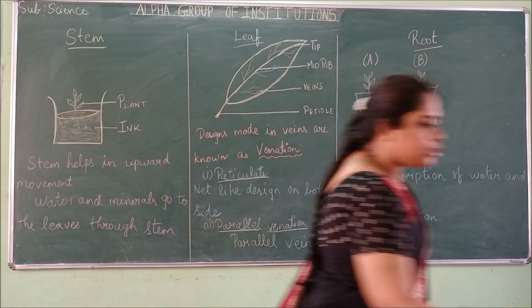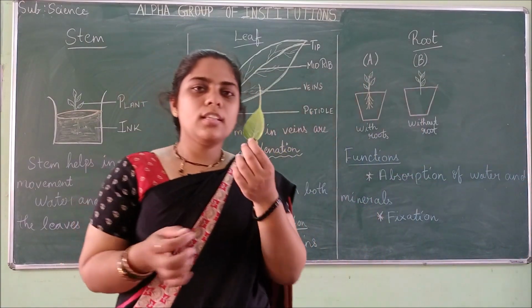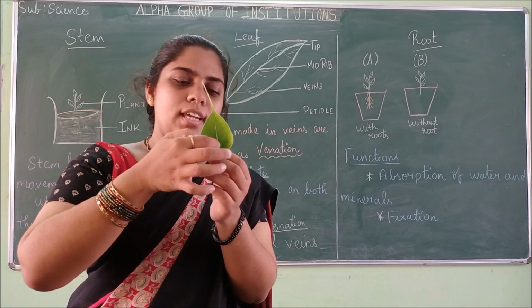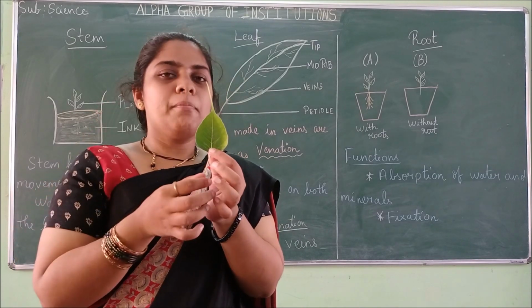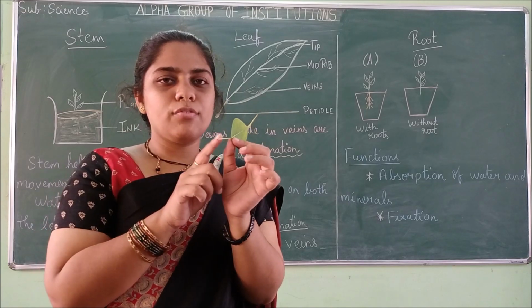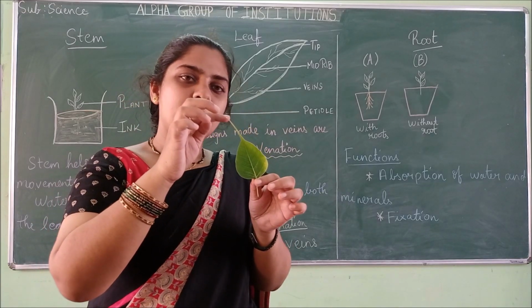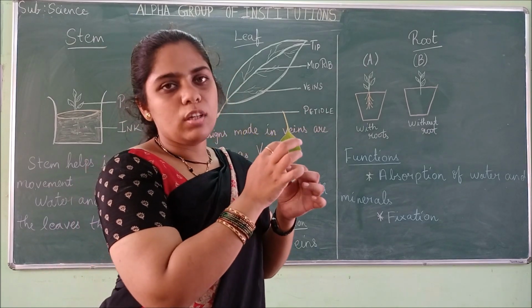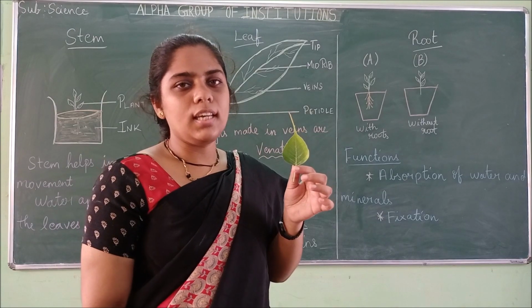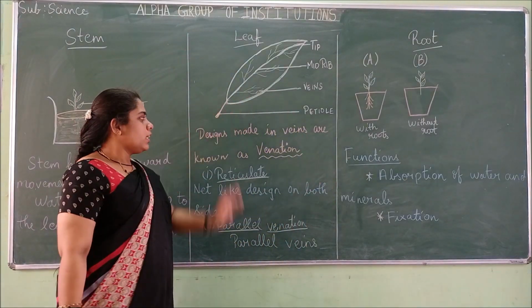Now I am going to show you a real leaf. The thick stick in the center is the midrib, here you can find the petiole, this is the tip of the leaf, and small veins go out, which are called veins. So these are the parts of a leaf.